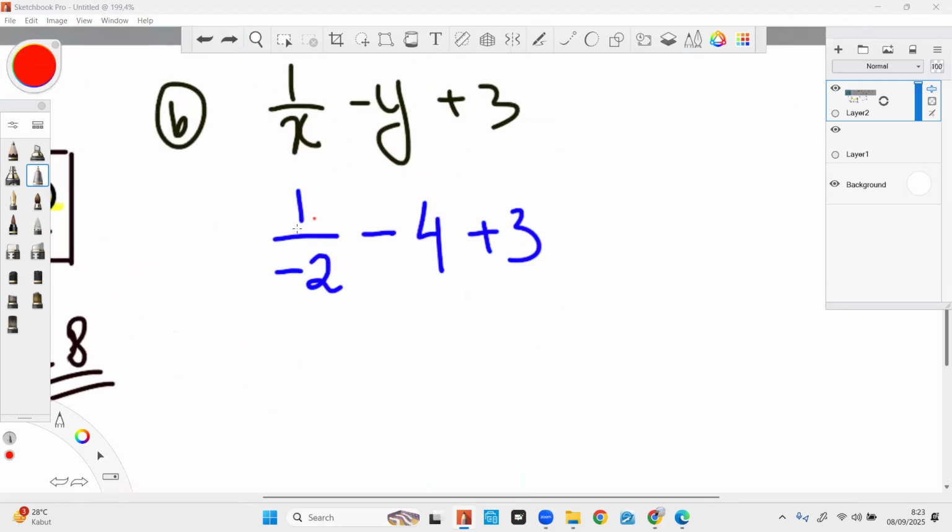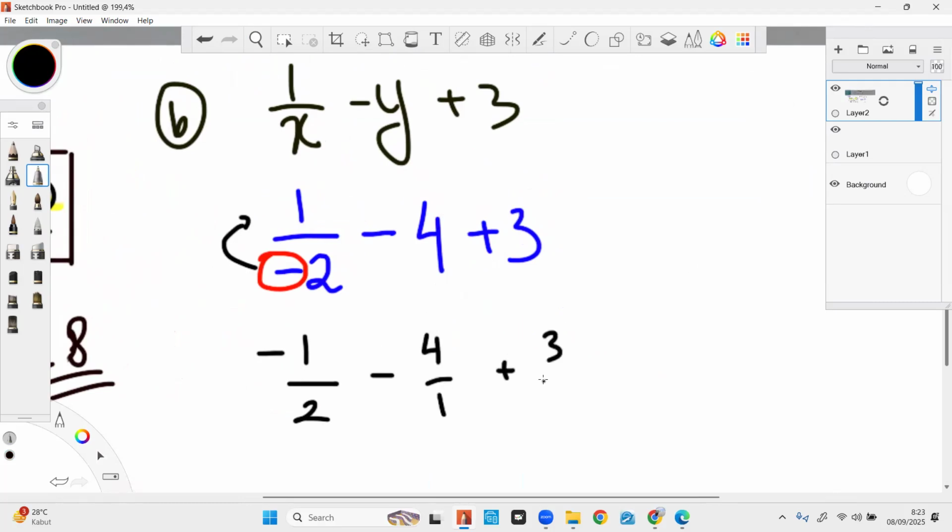The problem is the negative in the denominator. You need to change the position. Negative 1 out of 2, right? Subtract 4, make it into a fraction to make it simple, right? And plus 3 over 1 because we are dealing with fractions. So everything has to be put into fractions.